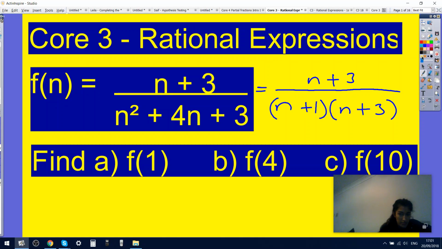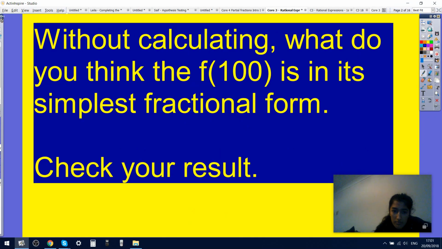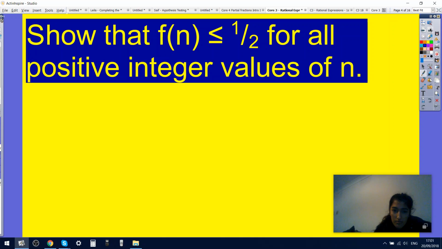Just cancel out the n plus 3s. And what would you get? N plus 1. And on the top? 1. Yeah, fine. I'm glad we didn't do that the long way. What's the long one? Oh, there's subbing in different things and going from there.